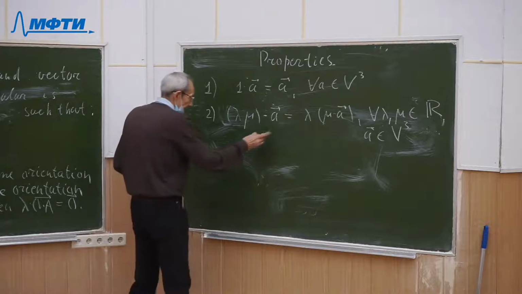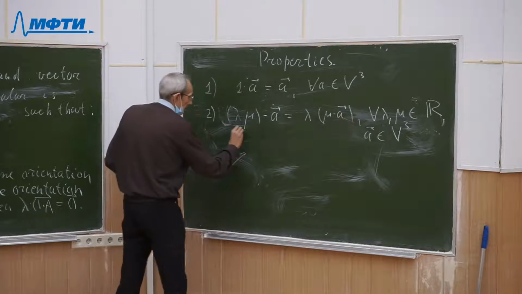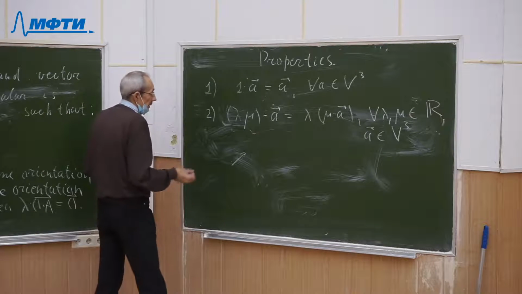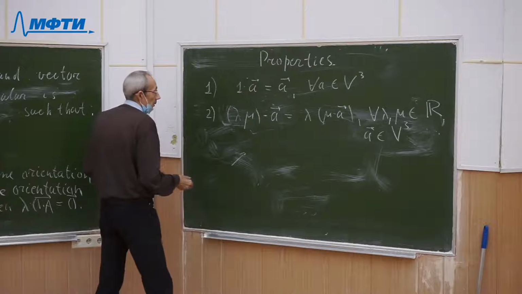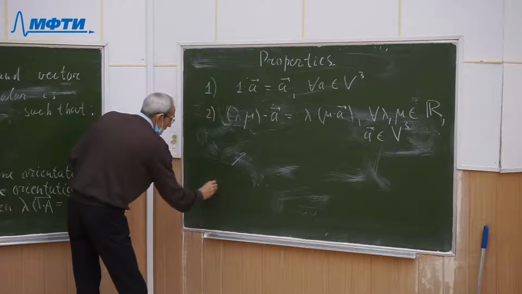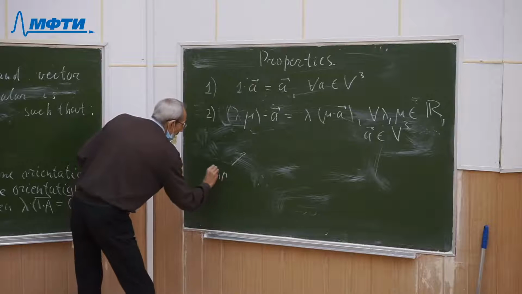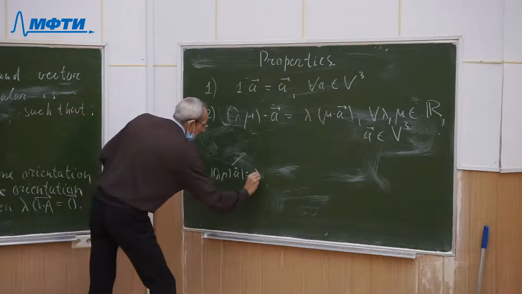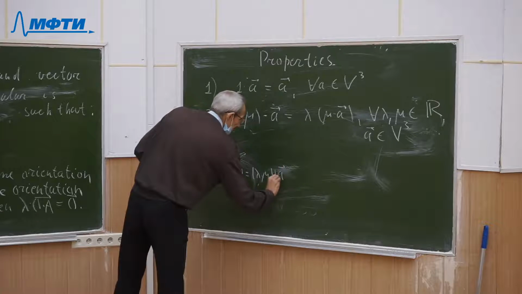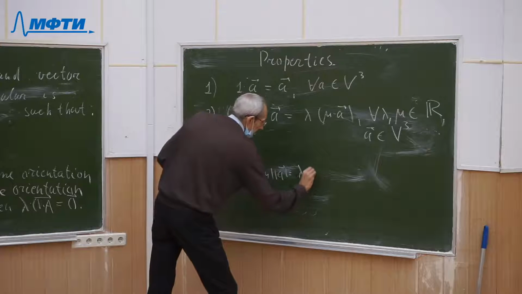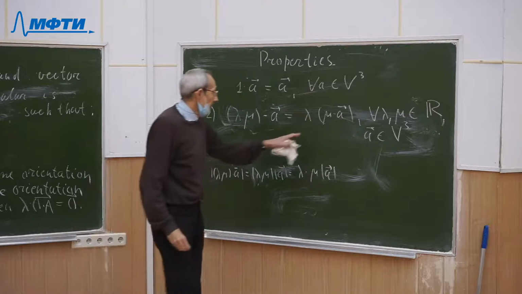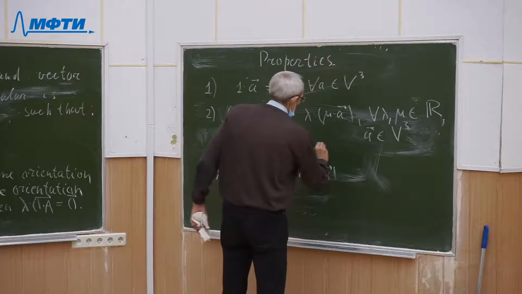In this case, the left side, this vector, is equal to such a vector which is parallel to A, and its length is equal to the product lambda mu on the length of A.